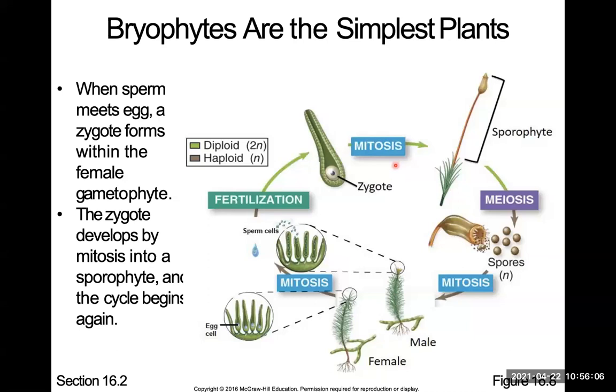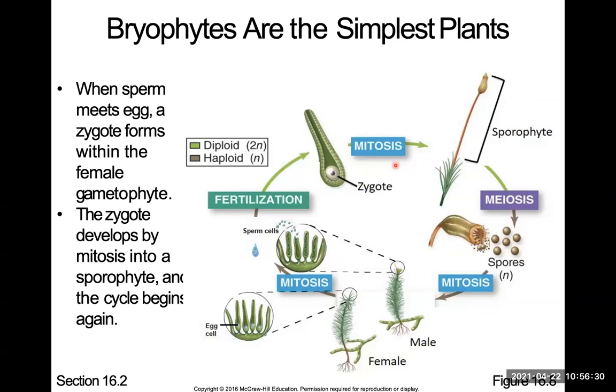Nope. Nothing, okay. So one thing I want you guys to memorize about this life cycle, actually about all of them, is which stage is dominant and which stage is non-dominant. When I say dominant, I'm not talking about dominant and recessive genes. I'm talking about which one you see more.